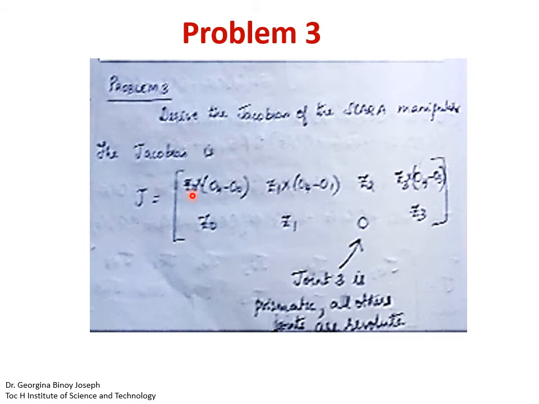So Z0 cross (O4 minus O0), Z1 cross (O4 minus O1), and joint 3 is prismatic, so it will be Z2, 0, and the fourth is again revolute.